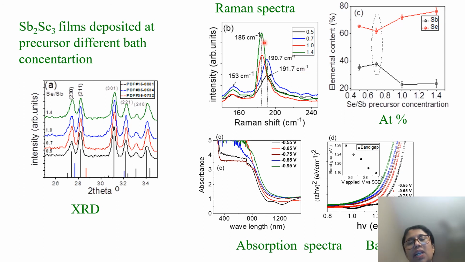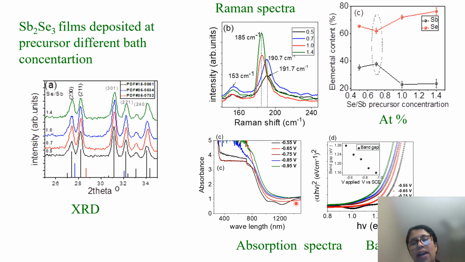However, when we did the Raman, we saw a shift towards the lower side. This can be associated with a change in the composition. You can see that the films deposited at 0.7 selenium to antimony precursor bath had the ideal composition.